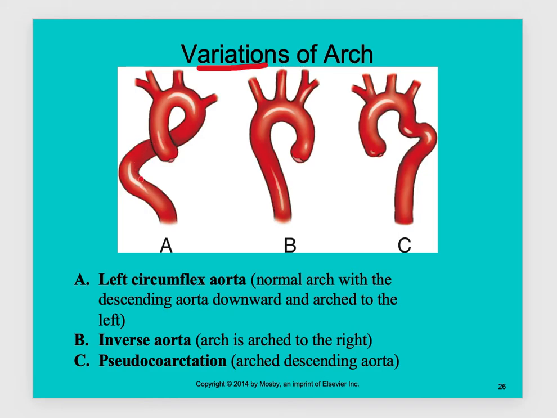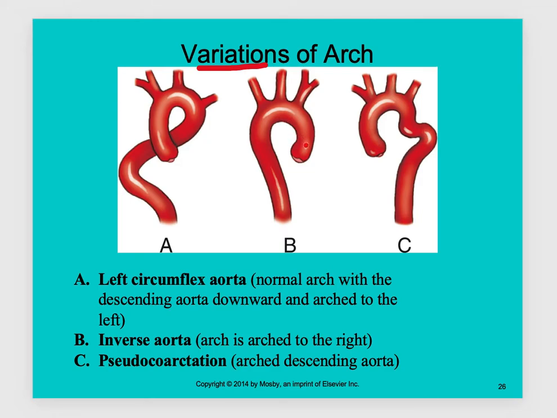Okay, so this is arched to the left is what they're talking about, not this way. So inverse aorta, arch is arched to the right. So instead of coming this way, we're now seeing that we're coming up and coming this way. These that come off are still the same 3. They're just coming off in different orders.